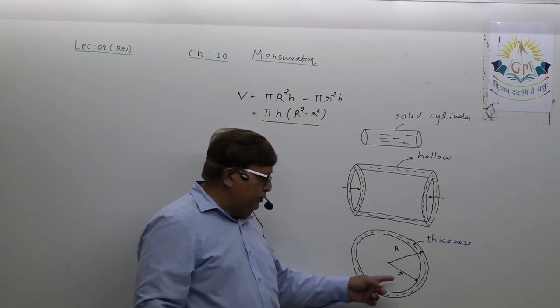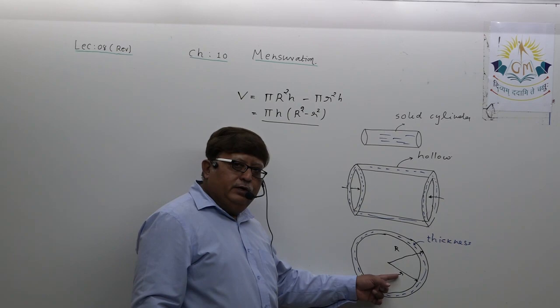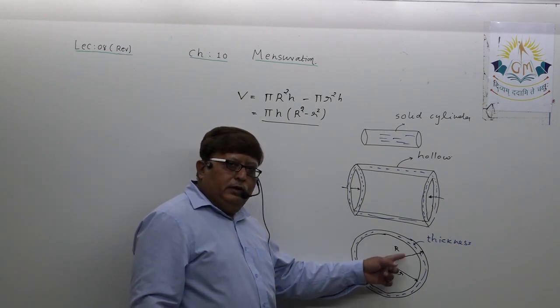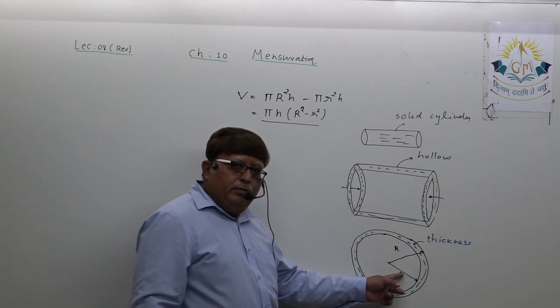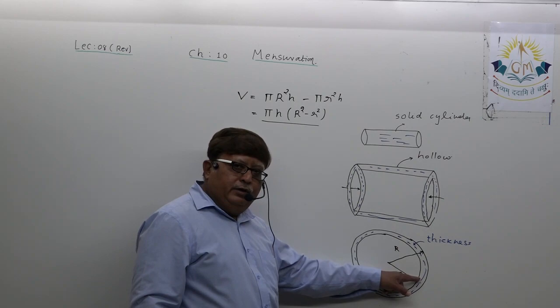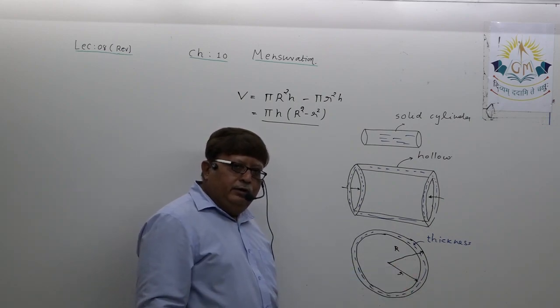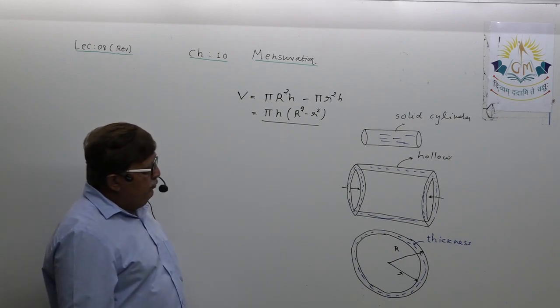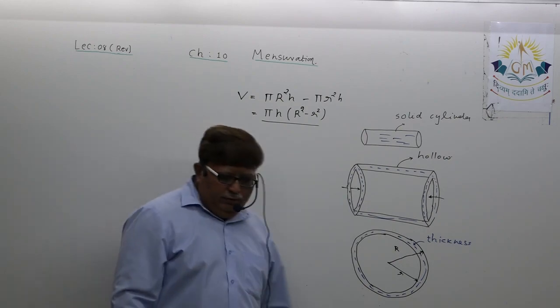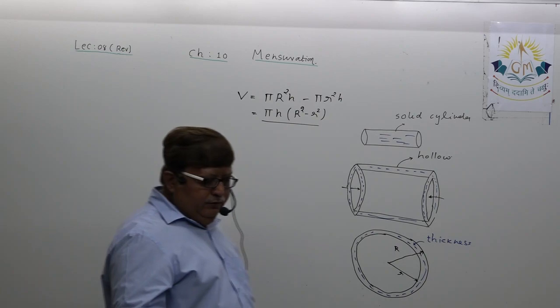In contrast, if you are given the inner radius, how will you find the external radius? By adding thickness to the internal radius. This is the way you need to understand.